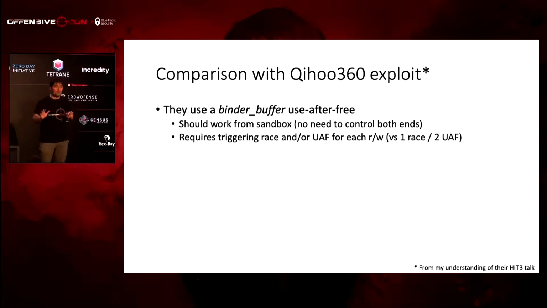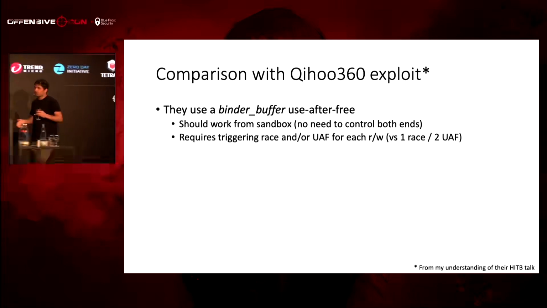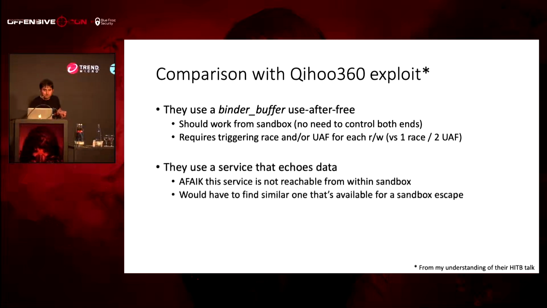I think this because, maybe you can do the race once, because they will reuse this buffer many times, but I believe at least to be able to read and to write, they have to send a new transaction, which should be a free buffer that they control, and therefore every time you have a use after free for everything that you access. And in our case, we did one race win, 2 use after frees triggered from that one time, and then we're done with it. We don't need to trigger the race, so hopefully this is faster.